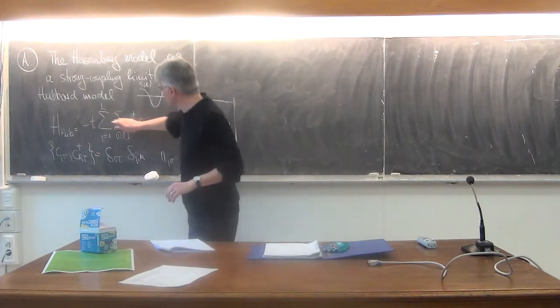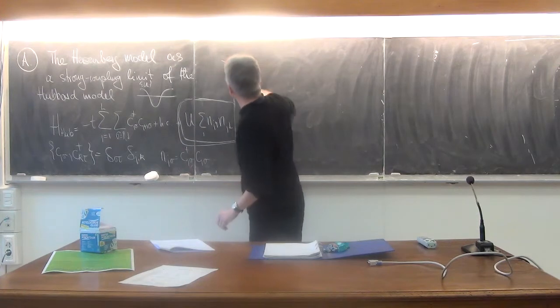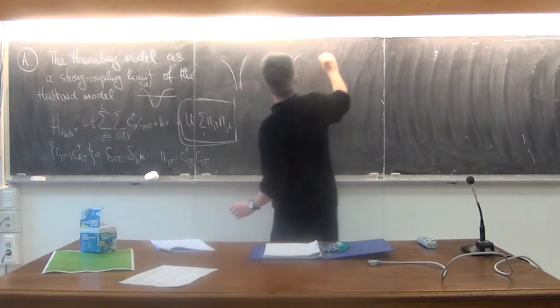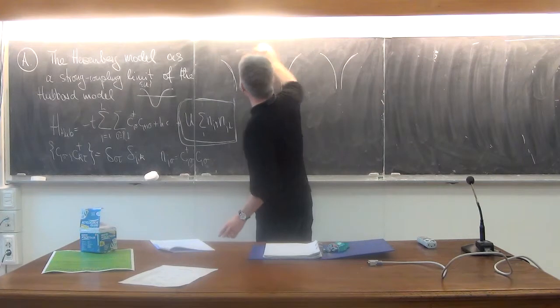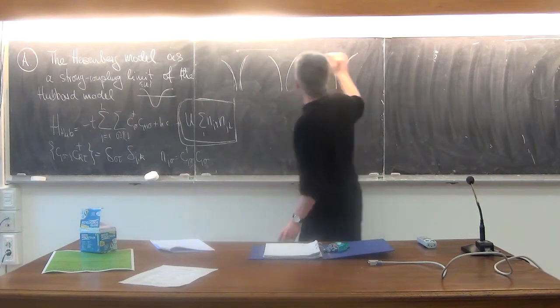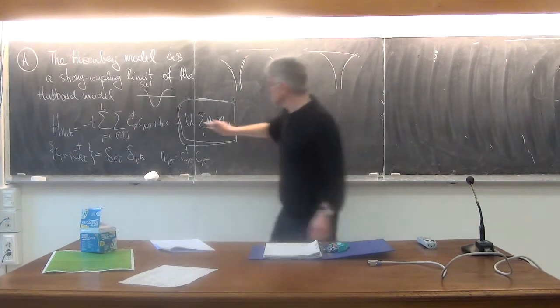Think of it like this: this is some potential where you have some ions sitting. This would be your lattice of sites, and then you have electrons which can tunnel from here to here, or from here to here. That's described by this term.